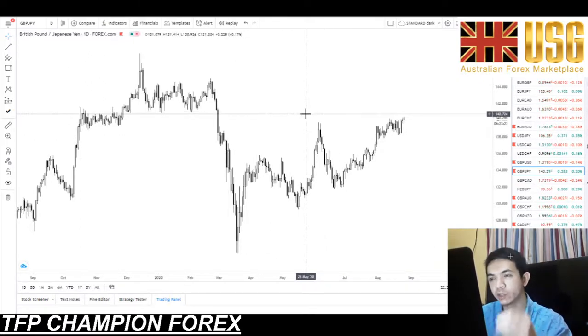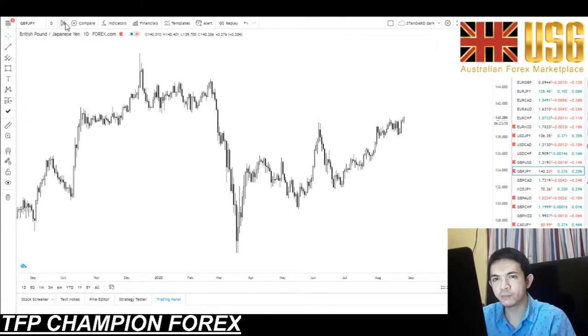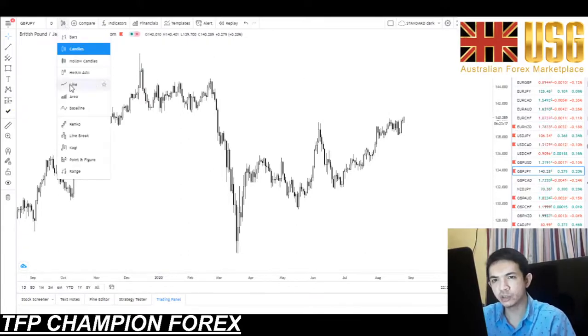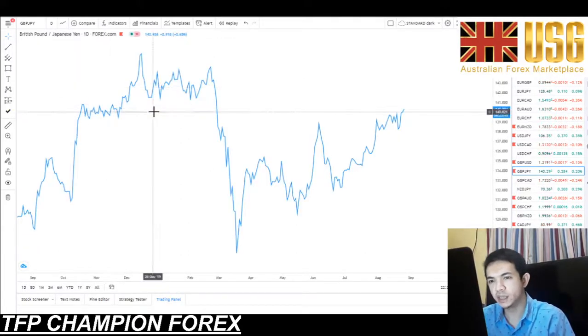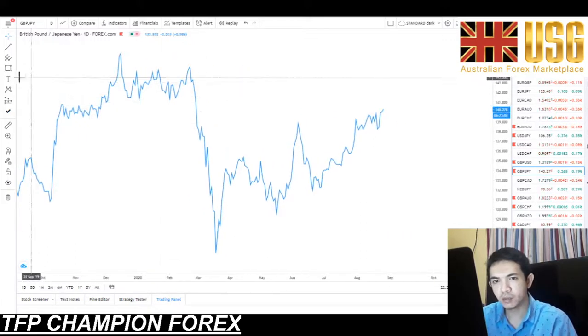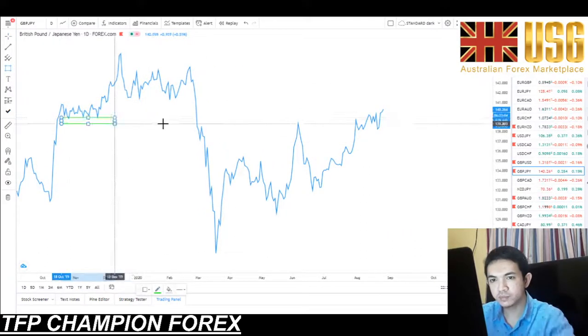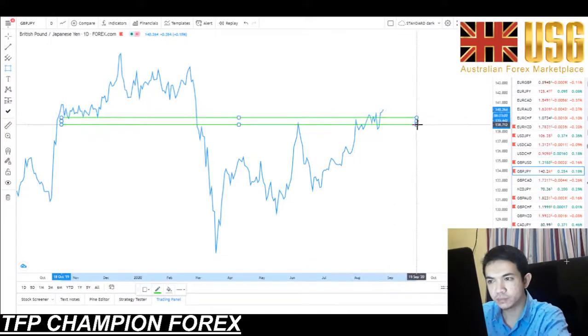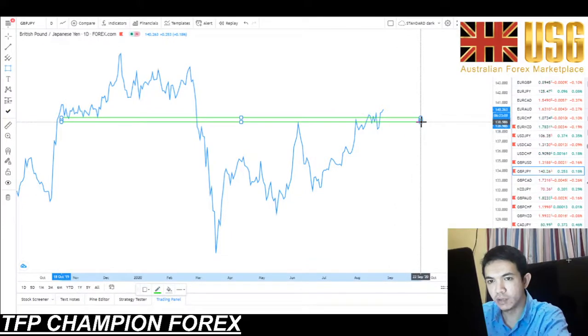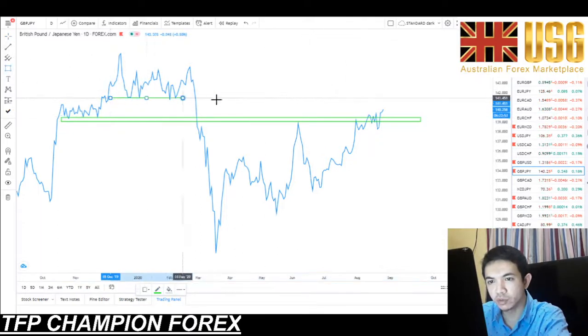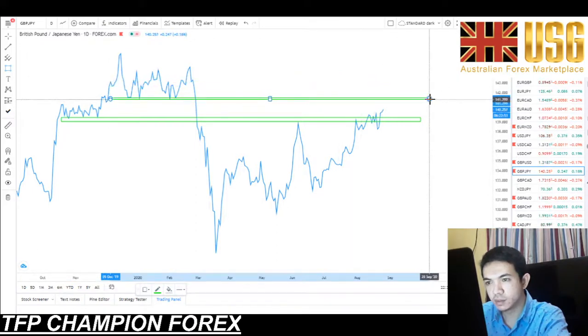What do we have here? In order for you to identify that, you can switch your chart to a line chart, and then you will see all the closing prices disregarding the wicks. We can see here that the price reacted at this level or zone, and probably broke. And also we have here a key significant level or zone at the top, right?